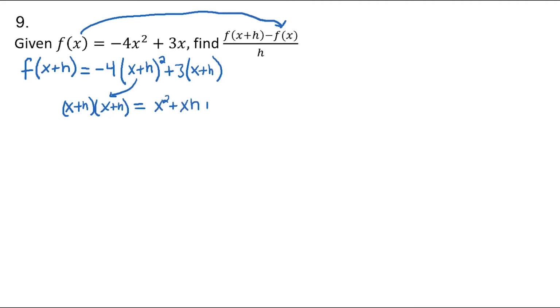You just use the FOIL method for this, plus h squared. And then we can combine like terms where we get x squared plus 2xh plus h squared. Okay, so now let's go back and bring this down here.